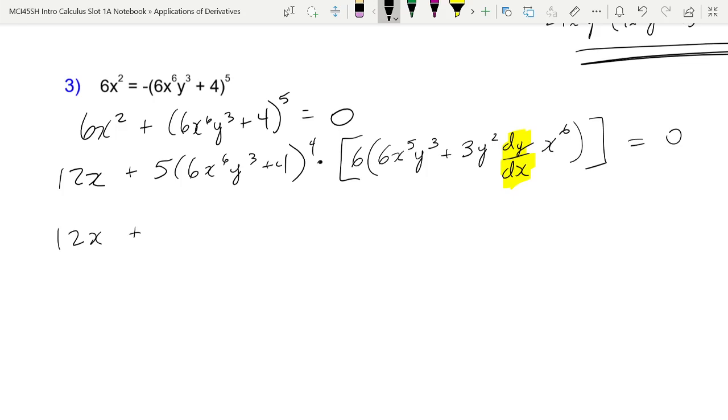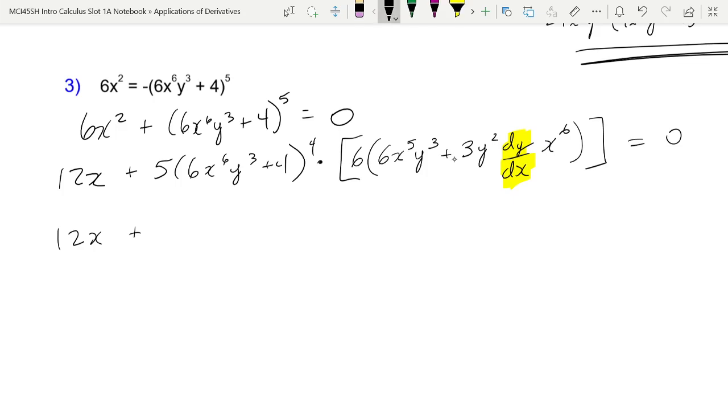But I notice that I have a 6 here. I have a 6 here. I have a 3 here. So I can factor out at least a 3. So this is now 15. Oh, wait, no, I can't. Sorry, I just realized this 6 is to the power 4. No, I'm going to leave that alone.